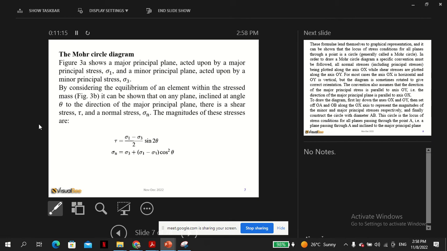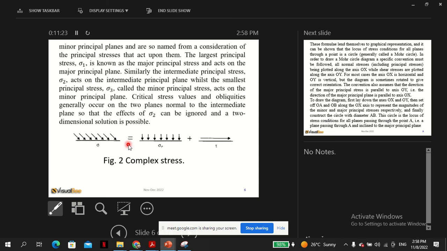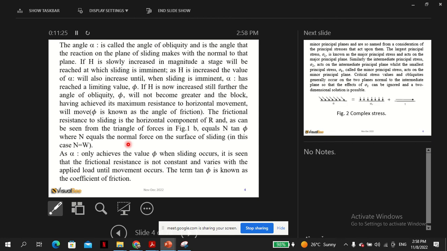The magnitudes of these stresses are shown in this value. So in any plane.